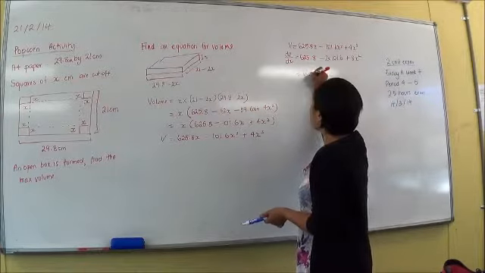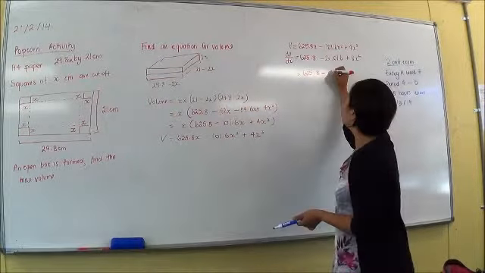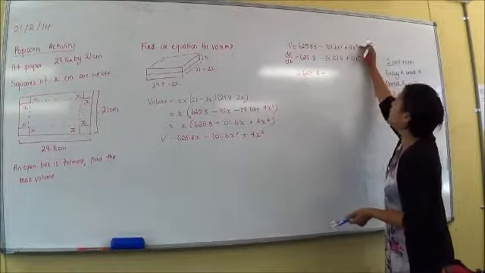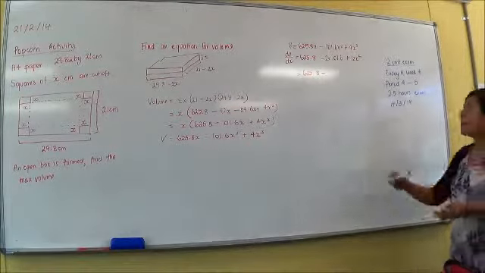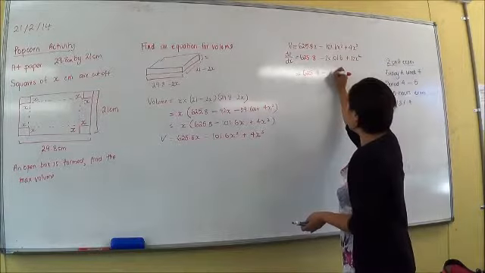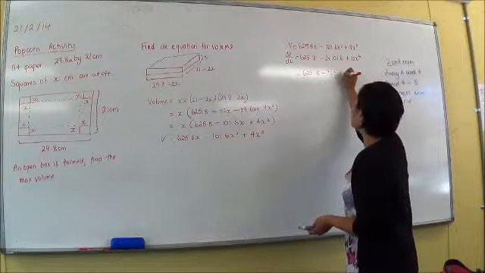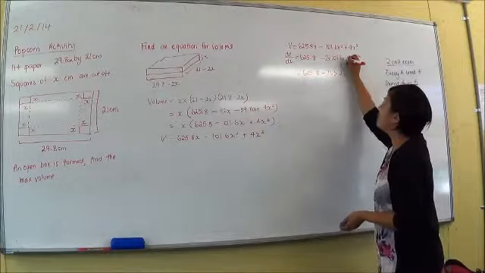It is 12. It's 12 because I forgot to put the cubic before. Will there still be an x at the end? Yeah, there'll be x squared.